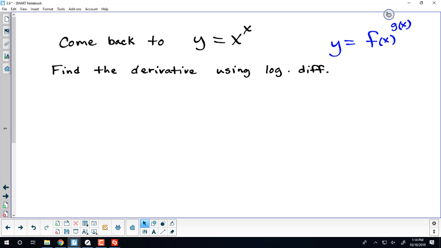But when we look at the log of any other base, maybe the other common base is 10, if we take the log base 10 of both sides, there's nothing wrong with that, as long as we take the log base 10 of both sides and then take the derivative of both sides. So what is the derivative of the log base 10 of x?